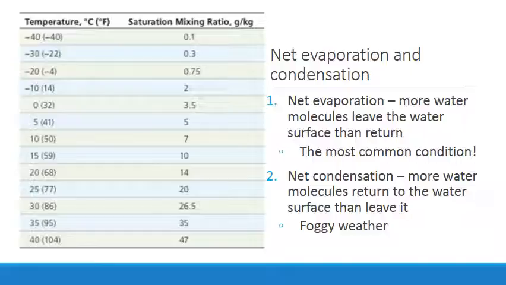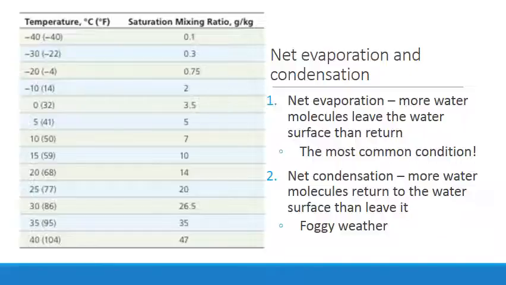And the main difference between doing this in the laboratory and seeing it happen in the real world is that in the real world, we don't always reach a balance. More often than not, more water molecules leave the surface of the water, lakes, oceans, puddles, cloud drops, than are arriving.